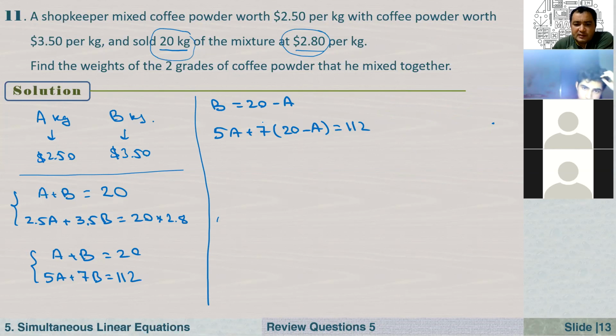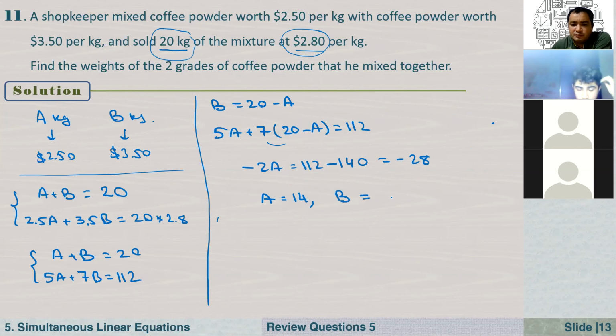If you expand this, 7 times 20 is 140, 7 times A, negative 7A. 5A plus negative 7A gives minus 2A. And 112 minus 140 is minus 28. So A is equal to 14. If A equals 14, B should be 6.